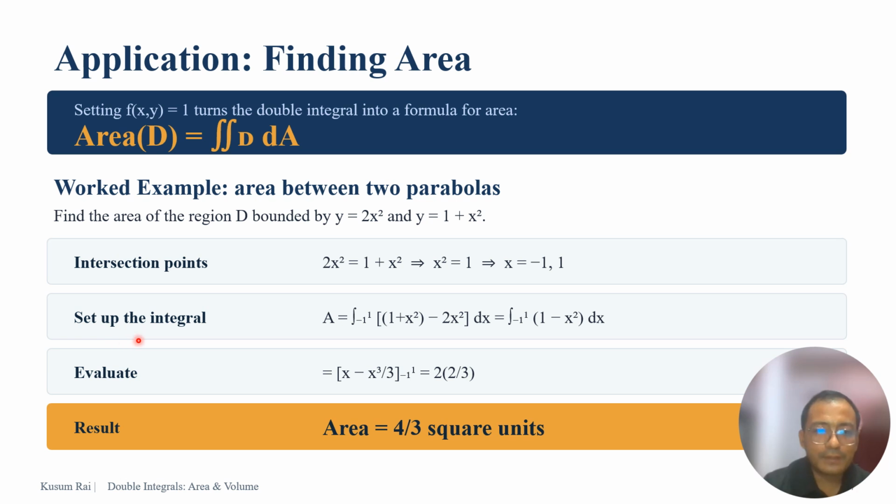In this way, by setting up the integral from -1 to 1, while doing the integration we get the integral from -1 to 1 of (1 minus x squared) dx. Now evaluating this, putting in the lower and upper limits of integration, we get 4 by 3 as the final result for the area of this region.